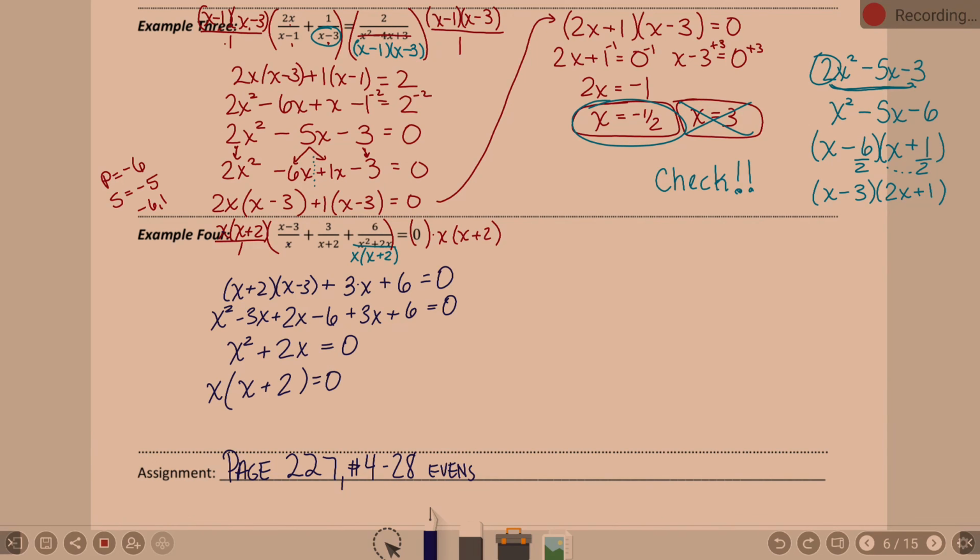We have two factors, x times x plus 2, set each factor equal to 0. So x equals 0. X plus 2 equals 0. Gives me solutions of what? X equals 0 and negative 2.